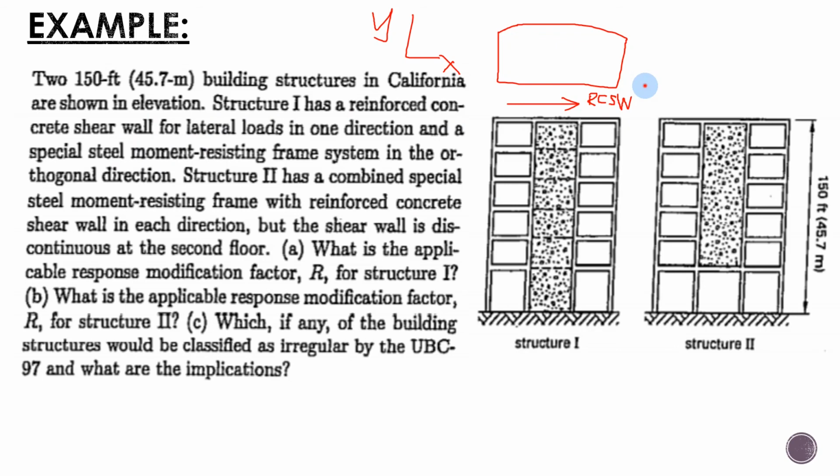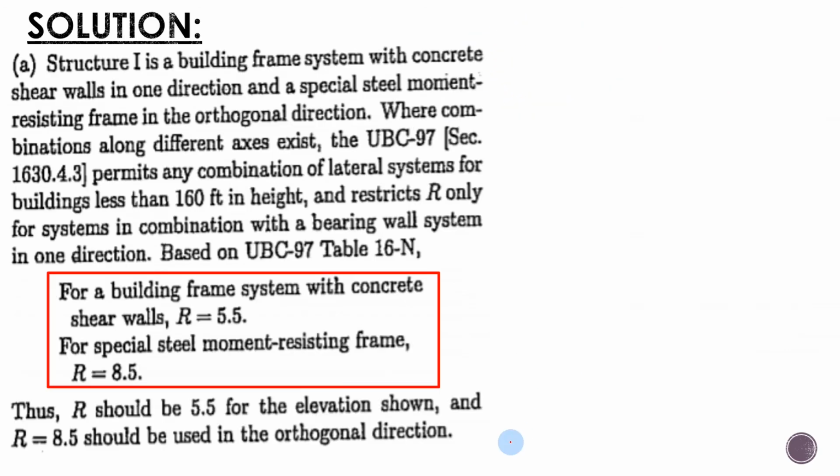Then in the y axis is the SMRF, the special steel moment resisting frame. So it is a combination of two systems, and that is allowed, guys.